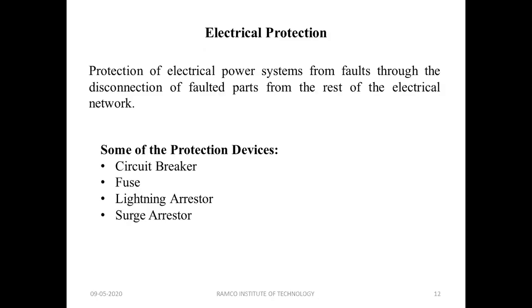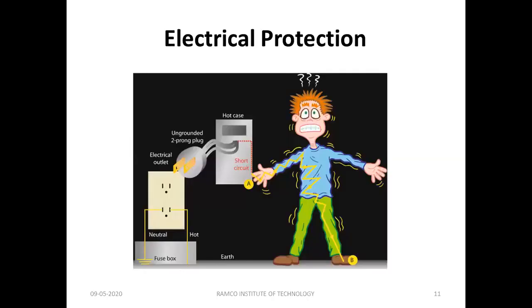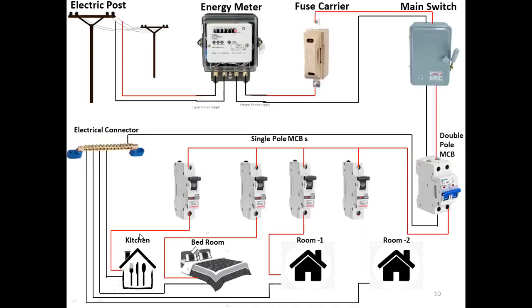See, the protection of an electric power system from electric fault. What is electric protection doing? If anything goes wrong in your kitchen, what will happen? This circuit breaker will trip the circuit. It is not going to rectify the fault; it will disconnect that faulty part.